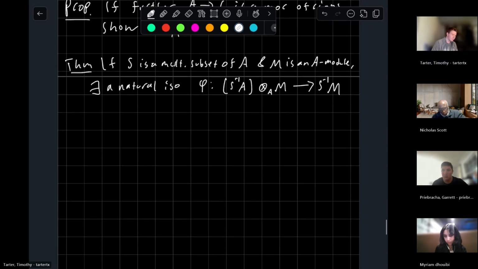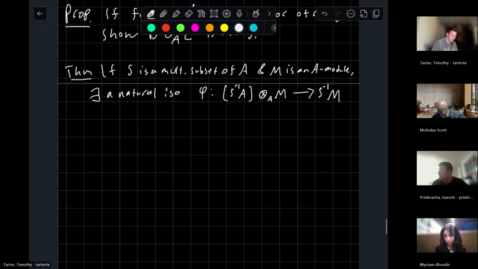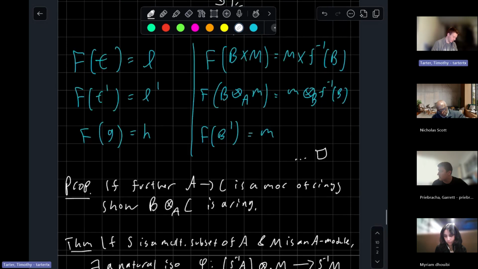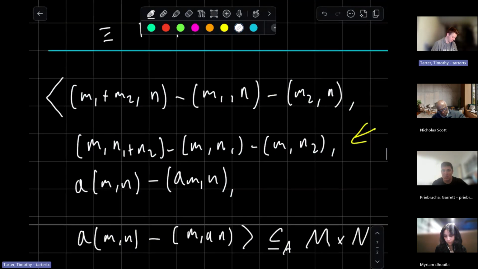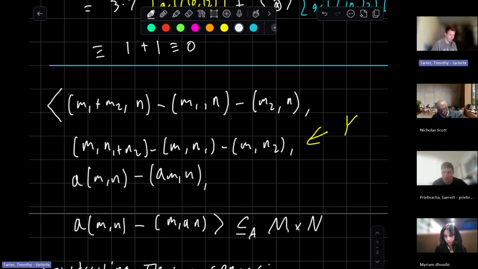So this looks like we're going to have to pull out the quotient thing. It looks like we're going to have to actually compute something. Oh God, I don't want to do that.